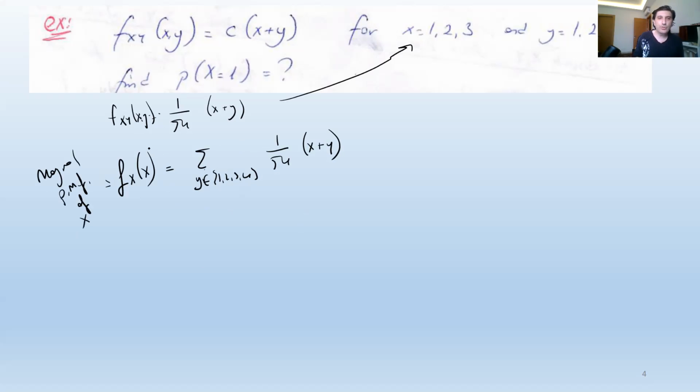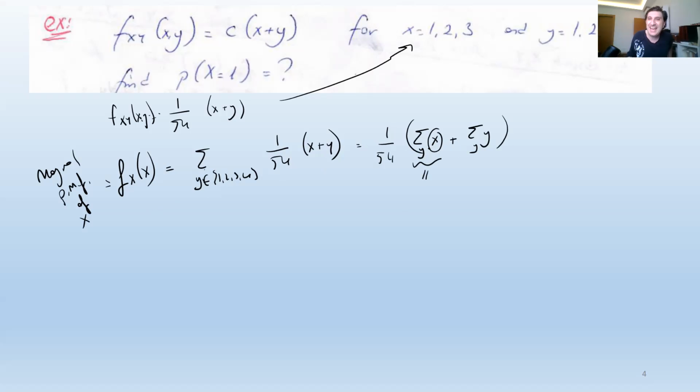This is exactly what I would like, because once I obtain this, I'm going to just put 1 here and I'm going to find the result. So it's going to be 1 over 54 (x plus y) over y values. Now again, this is going to be equal to adding the x values here with respect to y values. Note that x is unknown here because it's not an addition over x. So the resulting thing is going to be a function of x.